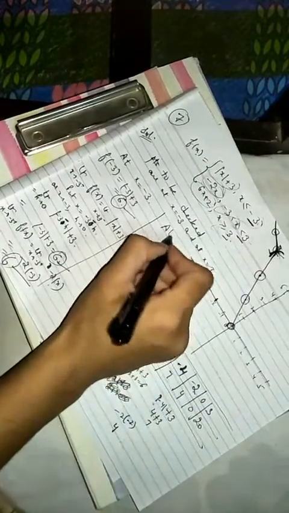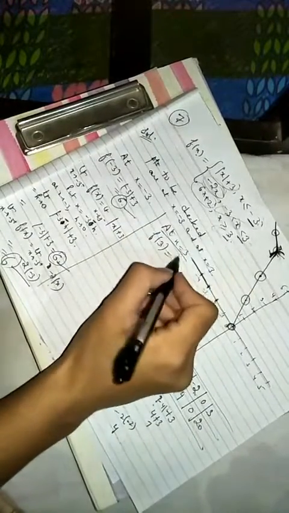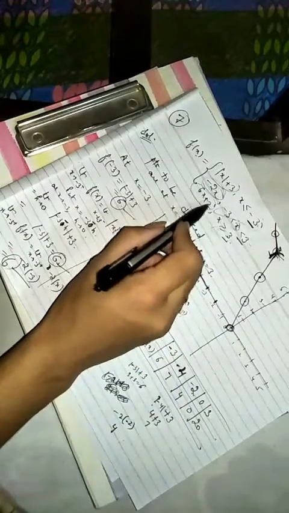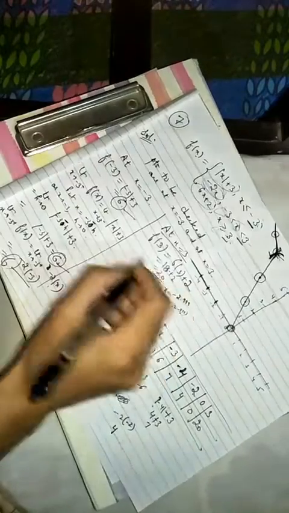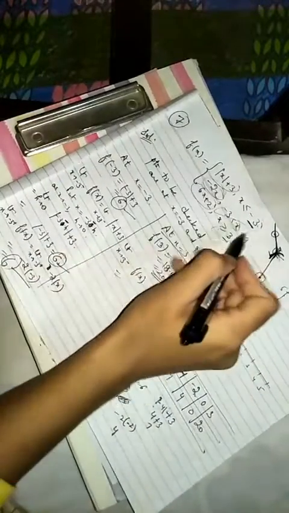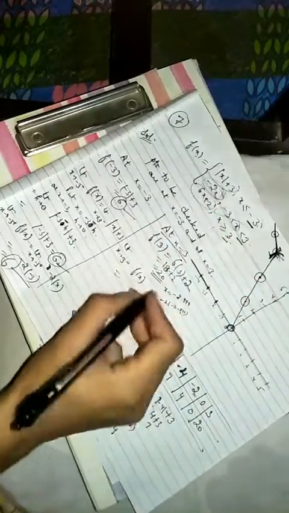Now at x equal to 3. What is the value of f at 3? It is 6 into 3 plus 2, because you will take the function 6x plus 2. So it will be 18 plus 2, 20, right? Now come on to the left hand limit, 3 minus f of x, which is 3 negative. 3 from the left hand side, x is less than 3. So you will take the function this, minus 2x.